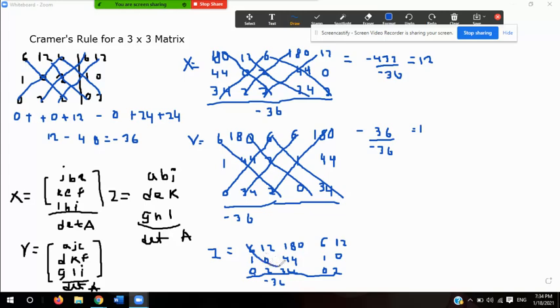And that would be 6 times 0 times 34, 12 times 44 times 0, 180 times 1 times 2, and then on this side 0 times 180. The other one would be 2 times 44 times 6.